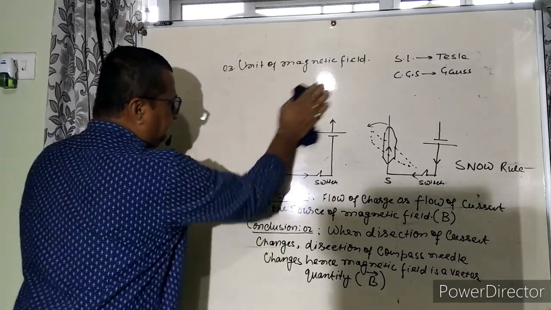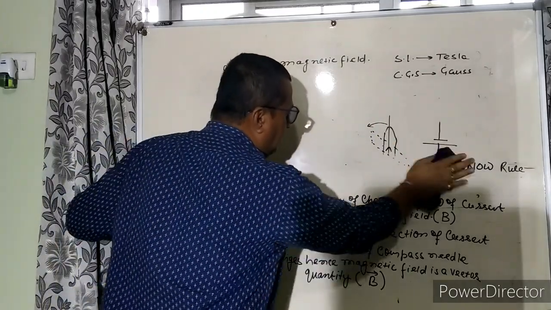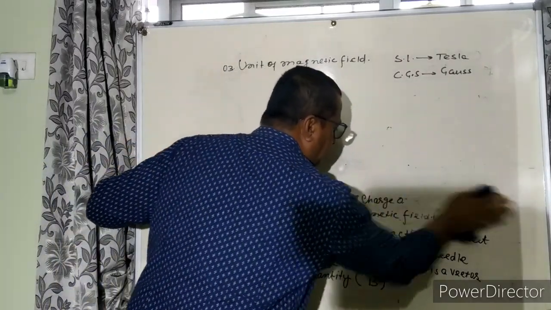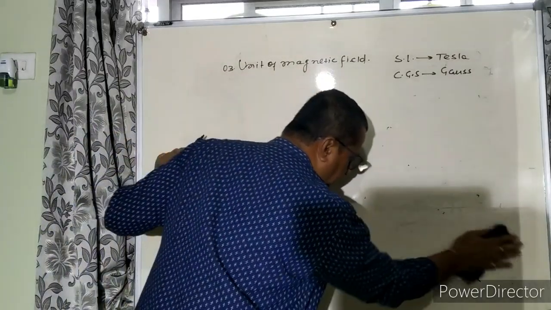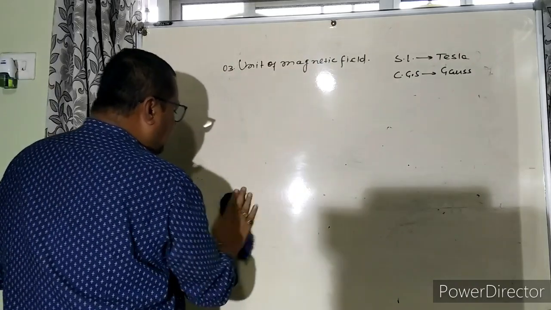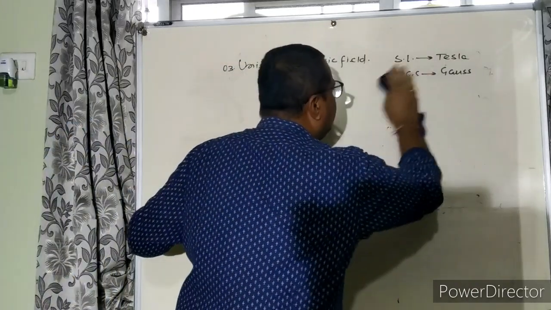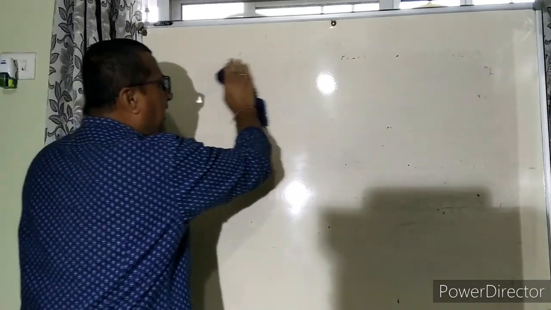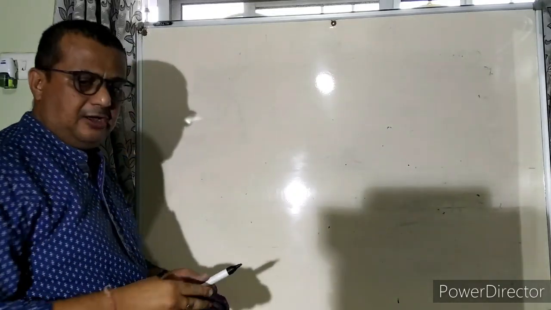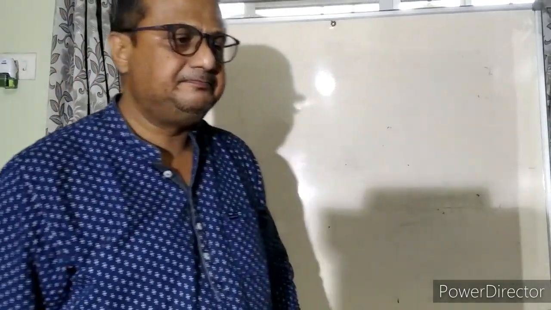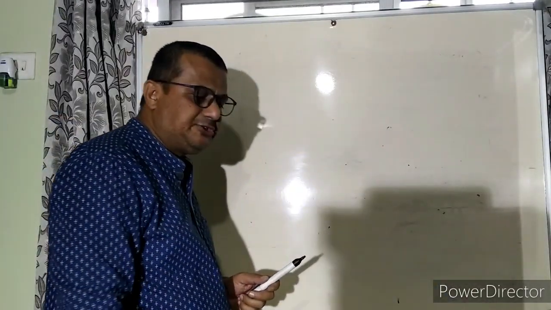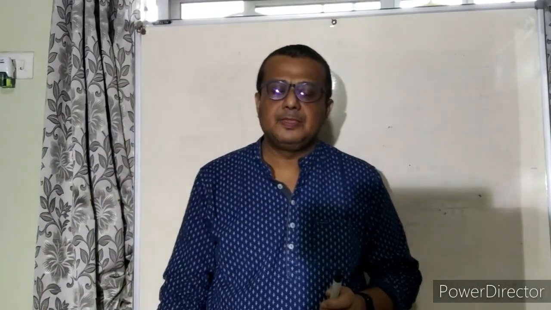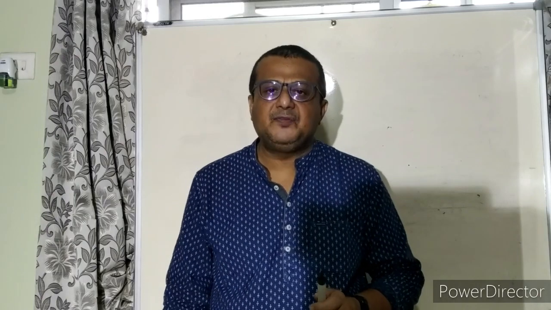After that, we have seen that a current-carrying conductor is the source of magnetic field. So a scientist, Lorentz, came and gave a strong idea.